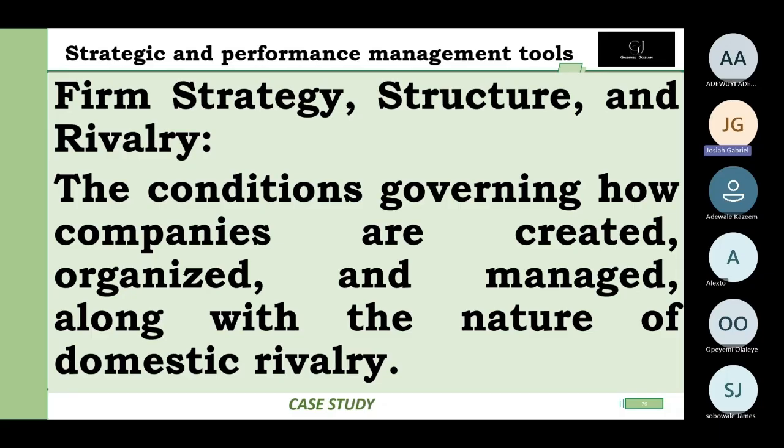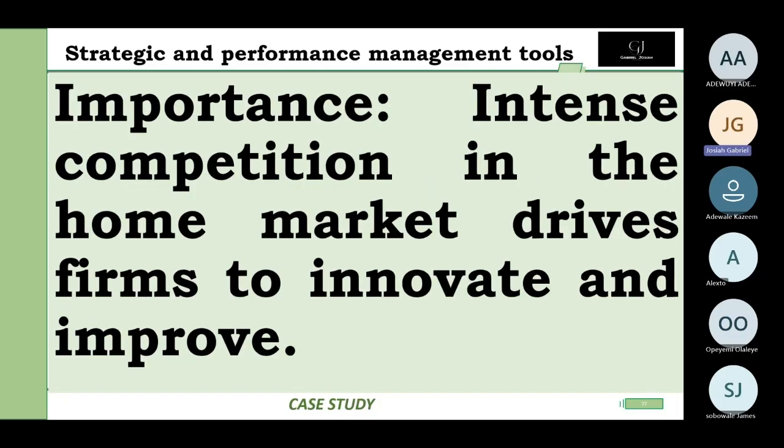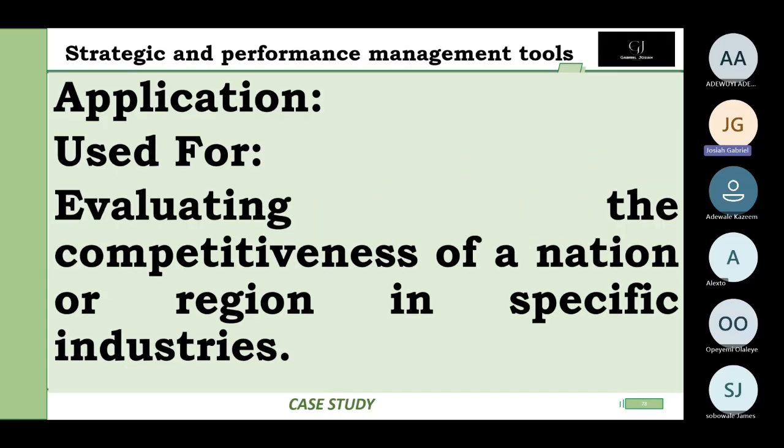So the firm's strategy, its structure, and the way it can compete in that space is very important, because intense competition in the home market drives firms to innovate, improve, see how to carve a niche, and address issues of losing market share, sales and revenue. So that intense competition is good because it drives innovation and improvement.